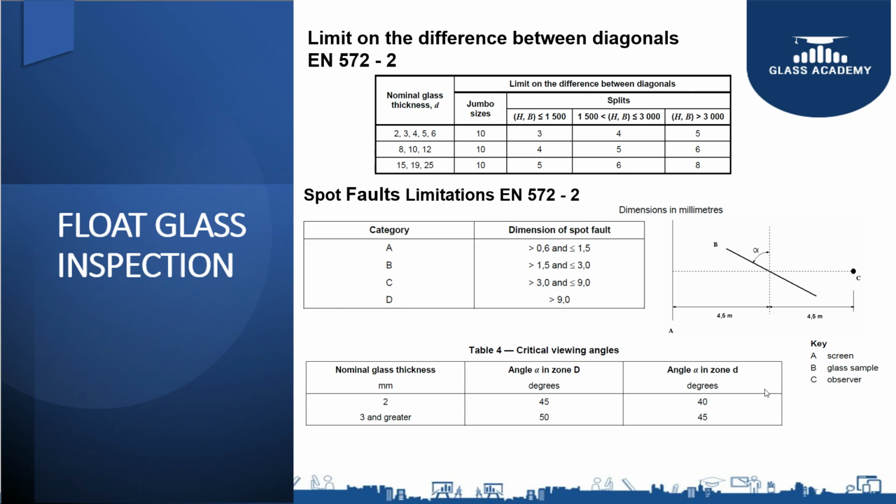As I stated, they'll take a sample, put it in the lab and inspect it. So that will be the criteria for the sample inspection. B is the sample, A will be your screen, and C will be your observer. So at an angle, they'll be checking. There are two specific angles: one is 40 and 45 degrees, and another is 45 and 50 degrees. In both angles they'll keep a projection.